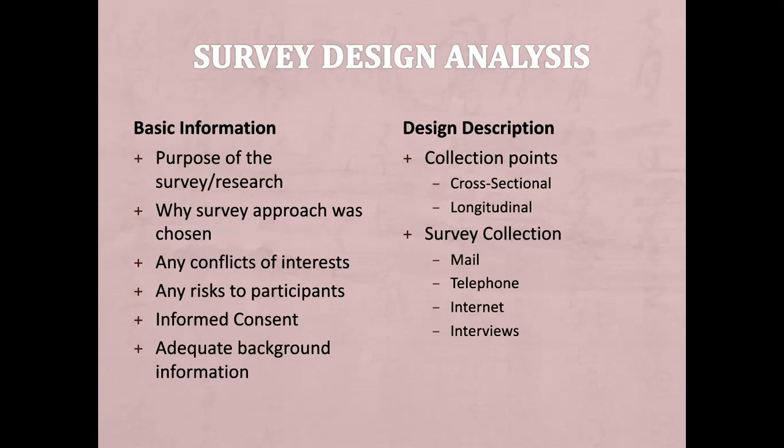Do they identify any conflicts of interest in the study? Do they identify any risks to their participants? If there is any risk, did it go through an IRB approval process and did the participants receive informed consent? Typically, we want them to include all of the information on this stuff in order to help us understand if it was a sound and appropriate study.